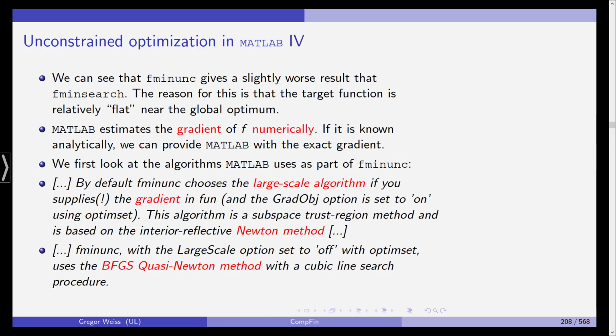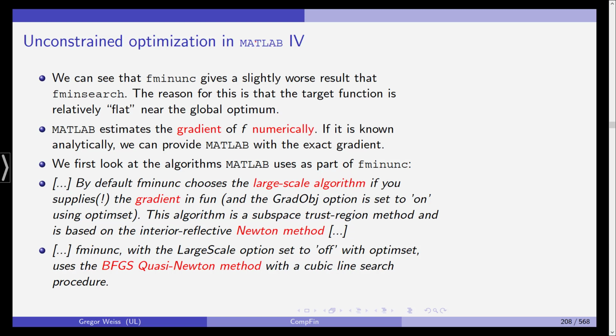So fminunc gives us not actually a slightly worse, but a pretty worse result than fminsearch. And the reason is the target function around the global optimum is relatively flat. And this is where the numerical approximation of the gradient done by Matlab as part of this optimization program is not very good.